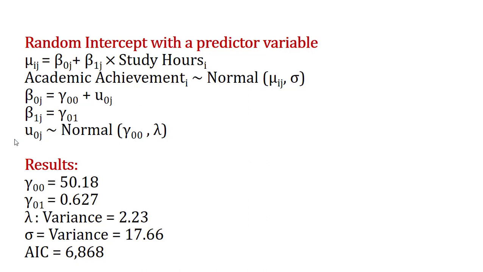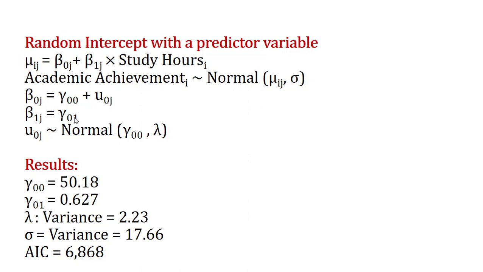Rather, we say that these values come from a normal distribution, with this mean and some lambda, which is the standard deviation or variance of that normal distribution. So we are going to estimate lambda and gamma 00. We are not going to pay attention to the u's or to the betas. Now beta 1j, we are saying that it's only one value. So even though in the model it seems that we are going to have one per region, in fact we don't. We are going to have the same value for the 4 regions.